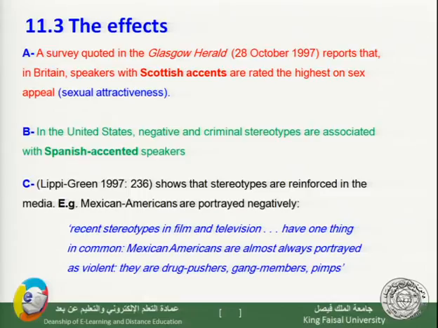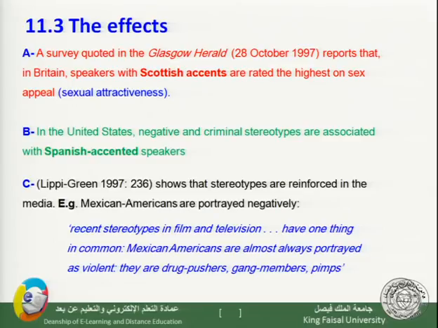We have another example by the same author, Libby Green, who says that stereotypes are reinforced in the media. In the media, whether it is the newspaper, the TV, the radio, or the internet, the stereotypical understanding of people is reinforced.